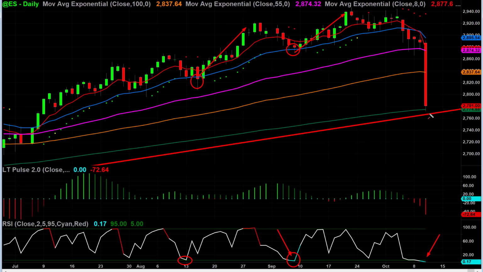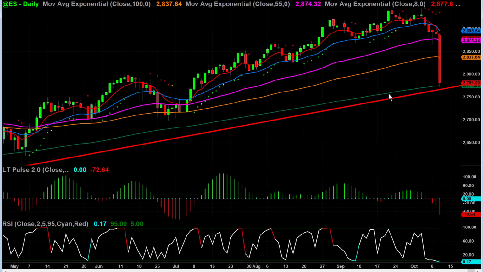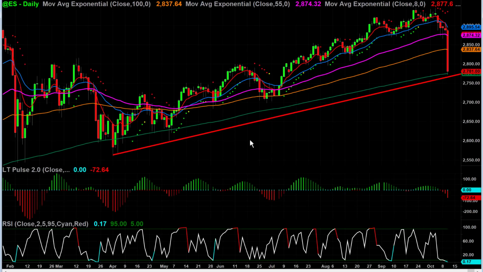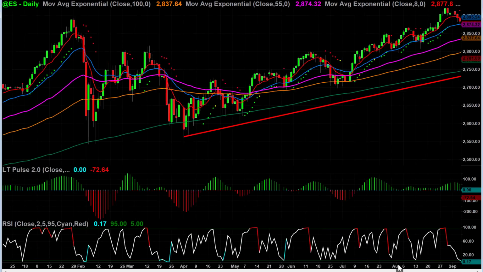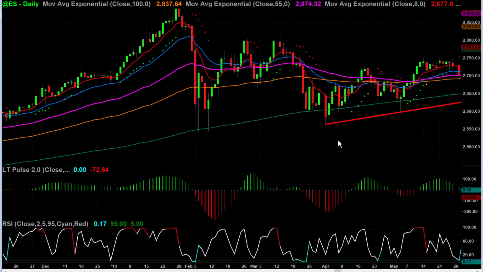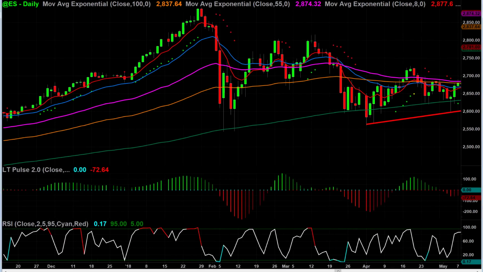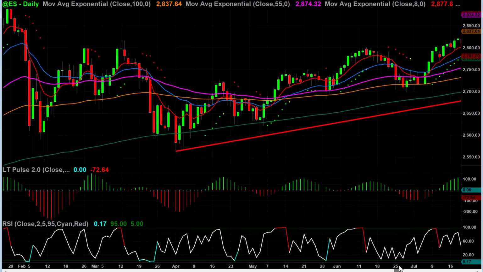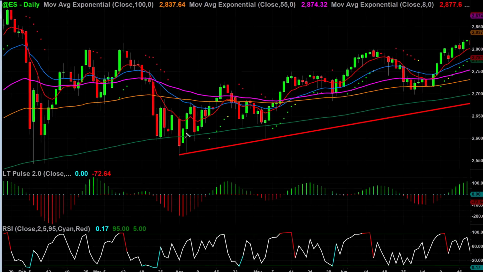Now, it's important to bear in mind that sometimes when the markets come down to test key support levels, they might do what's called a seesaw or a tease. Let me explain. Back in the spring of this year, the markets came down.